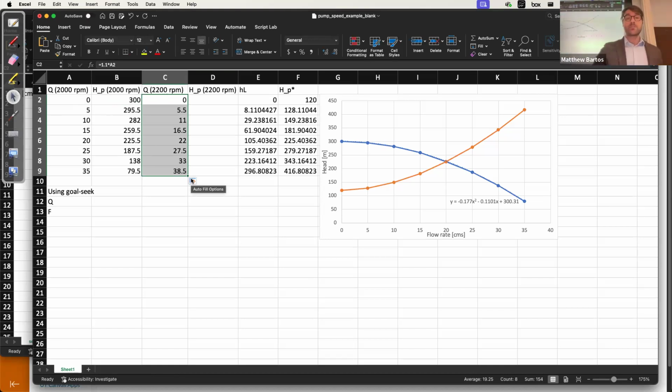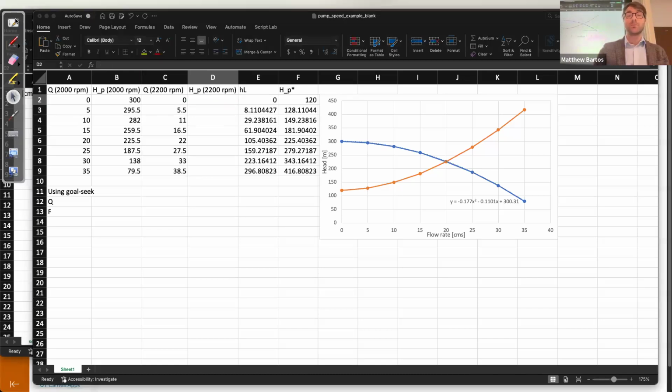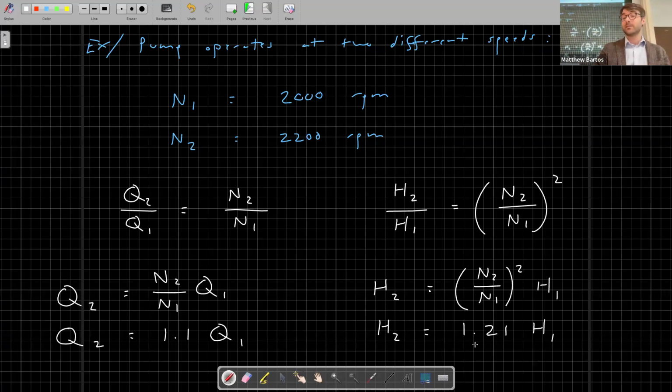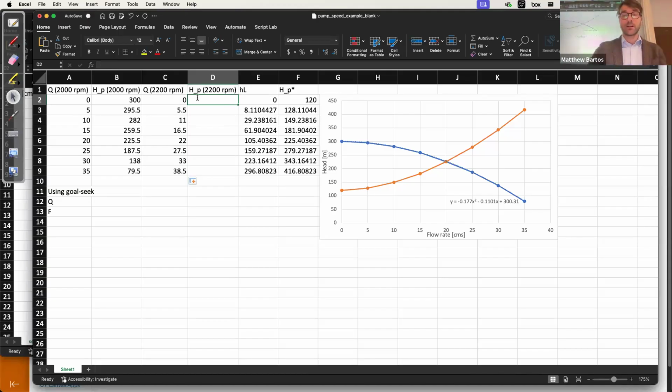Note that we also need to compute the pump heads at this new pump speed. Remember that I gave you this expression here for the pump head operating at 2200 RPM. So we can just multiply our existing heads by 1.21. And this gives us the pump head that is obtained at 2200 RPM.